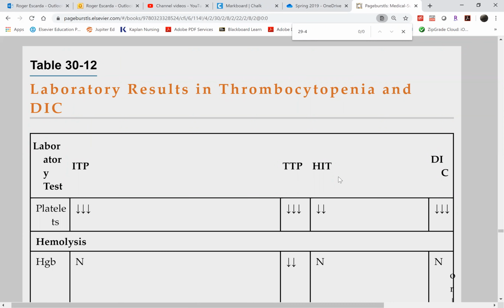They form microthrombi, so they're not big enough to form a clot that would cause a PE or a stroke. So they're tinier clots and widespread. They tend to block smaller organs like the spleen, mostly GI organs. And then because they use up your platelets and your clotting factors so fast, you run out of them, and then it causes bleeding afterwards.